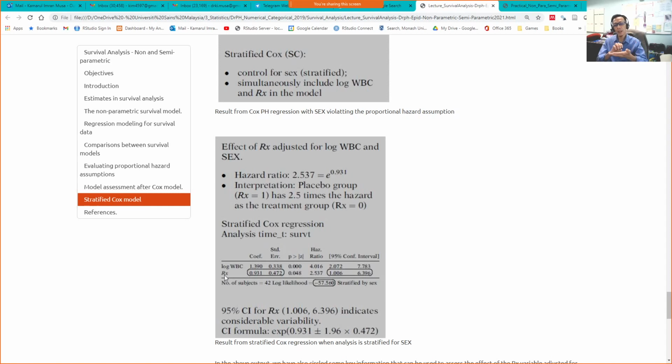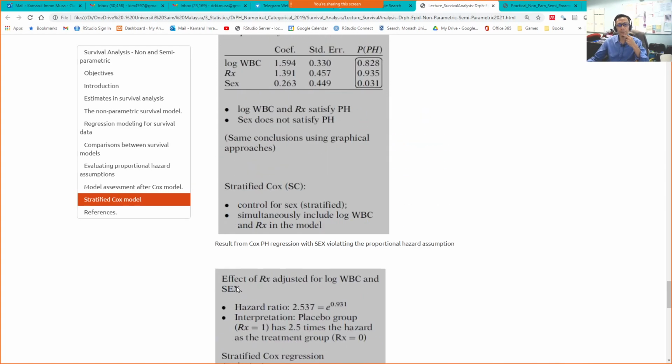Why? Because now it is adjusted for, since it violates the PH assumptions. So we adjust for sex, and what we get is only the log white blood cells and the treatment.